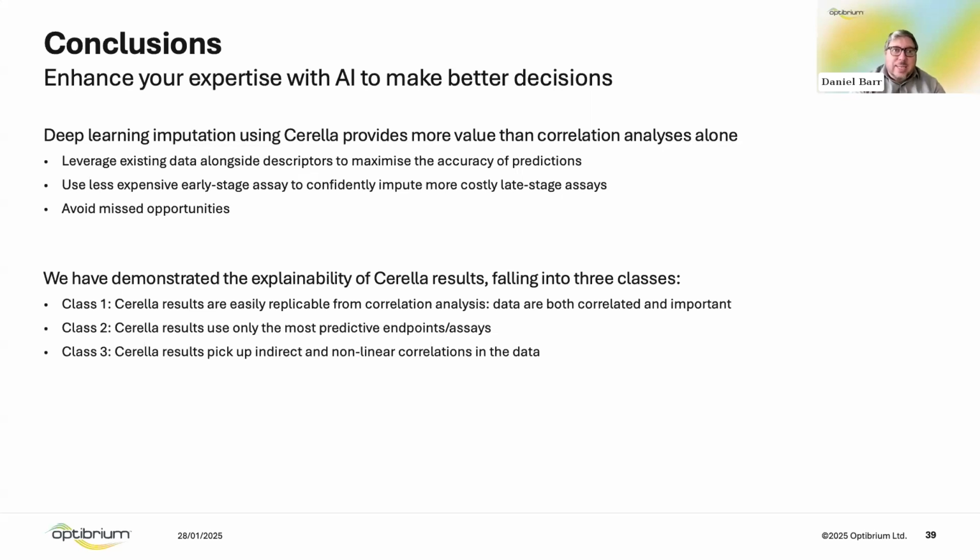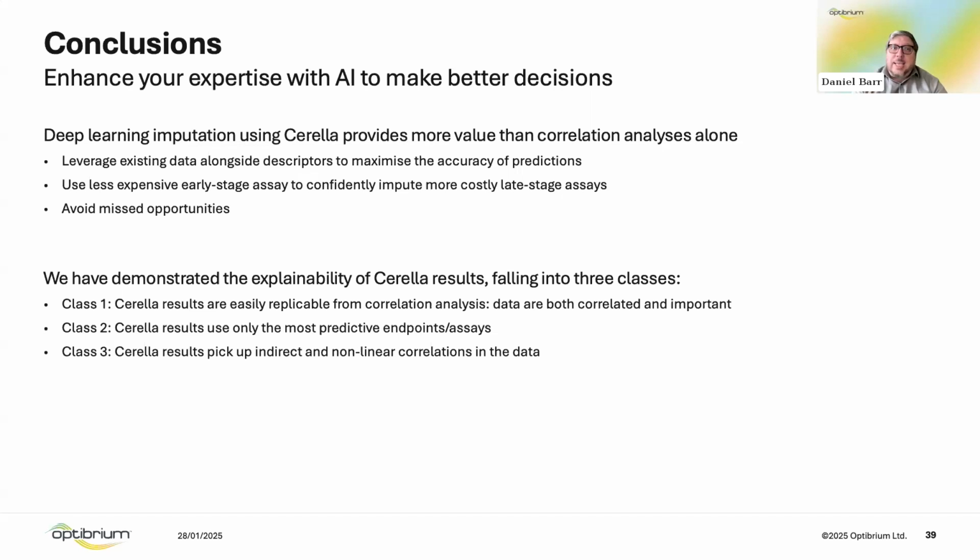Cerella, with the deep learning imputation, can leverage our existing data to maximize the accuracy of predictions. Cerella can help us to use more, less expensive early stage data to confidently impute the more costly late stage measurements. And it can help us to avoid missed opportunities.